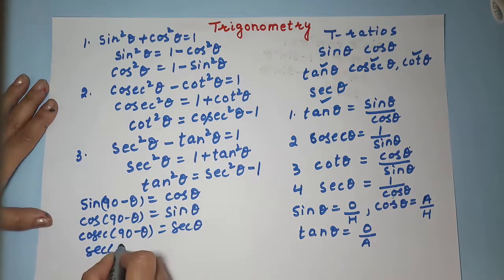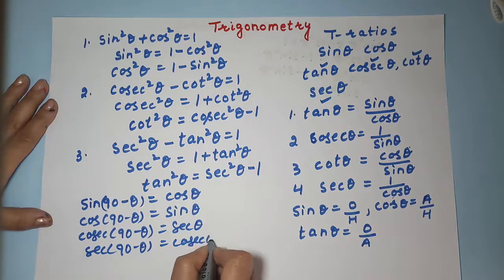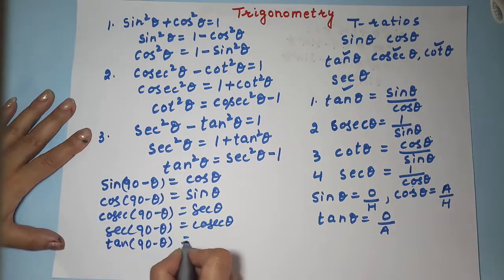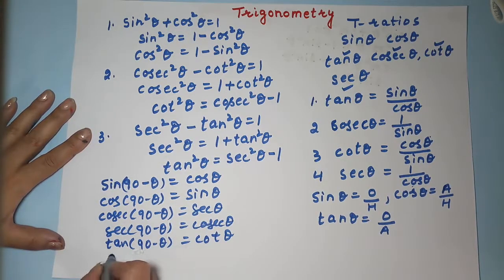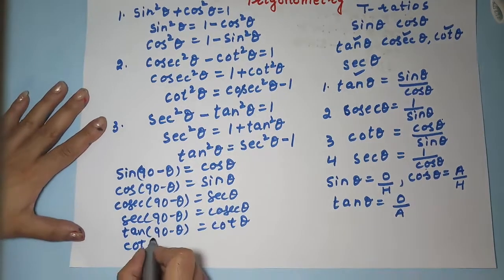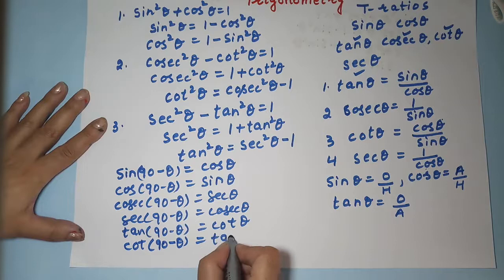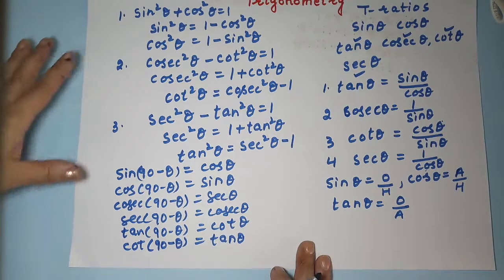Sec 90 minus theta is equal to cosec theta. Tan 90 minus theta is equal to cot theta, and cot 90 minus theta is equal to tan theta, right? We have learned all these concepts.